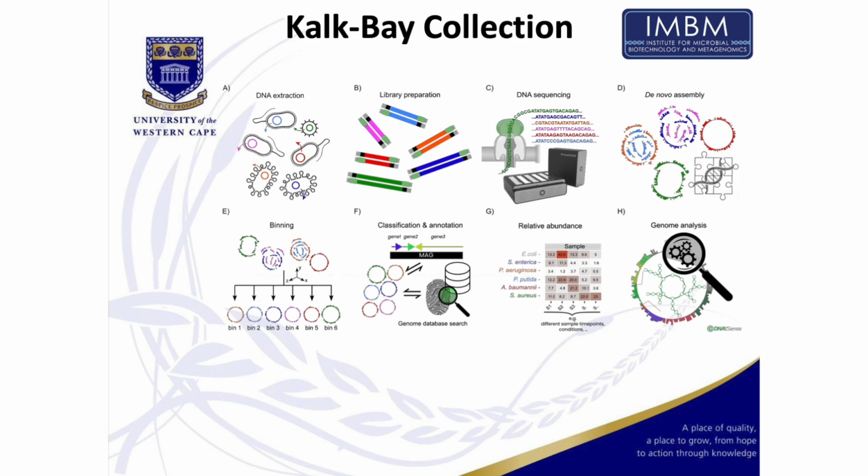Now there's no barcode to help us with that. Bioinformaticians are quite clever and they've given us the tools to do so. So we've got a mix of bugs, we extract all the DNA, we make a library just as you have, we sequence, we assemble those pieces, and if you remember Rob's puzzle analogy, we always lose pieces. So you never get the whole thing back, but that's okay.